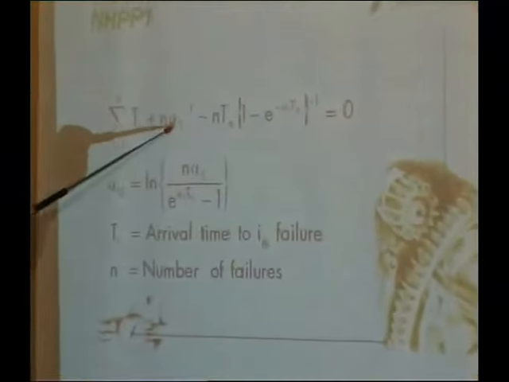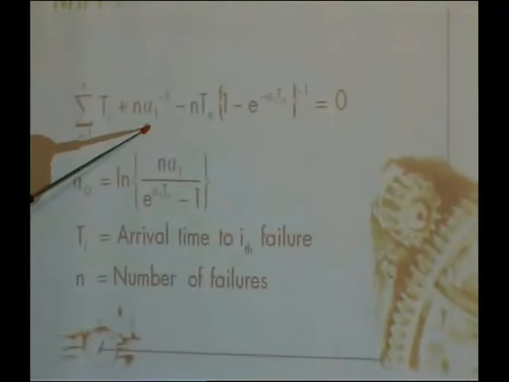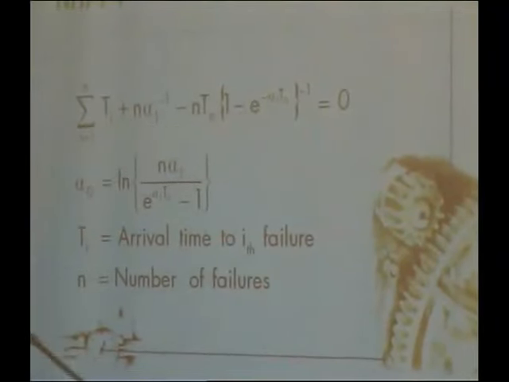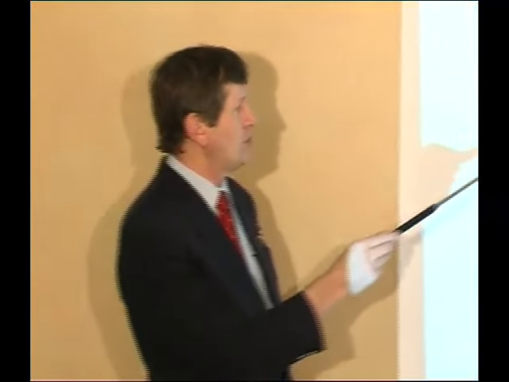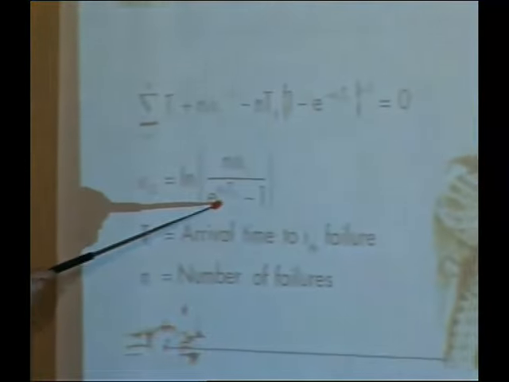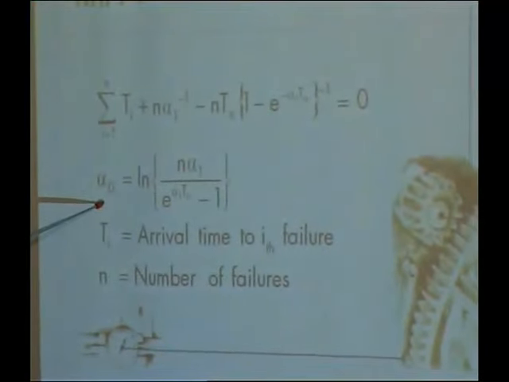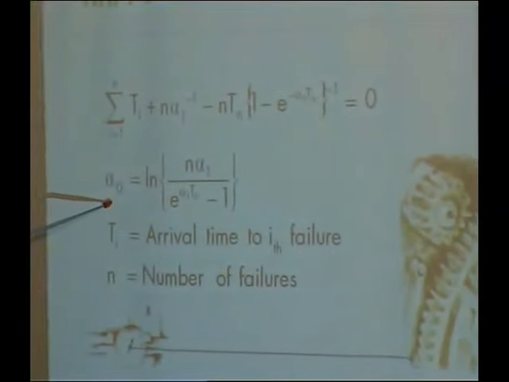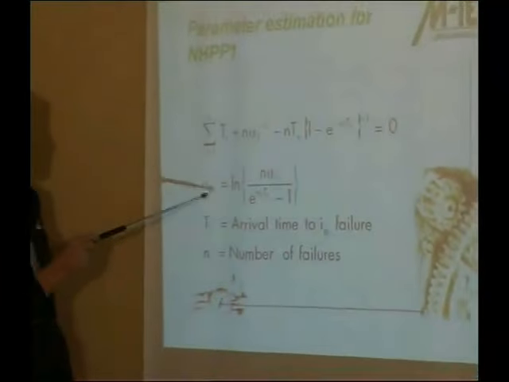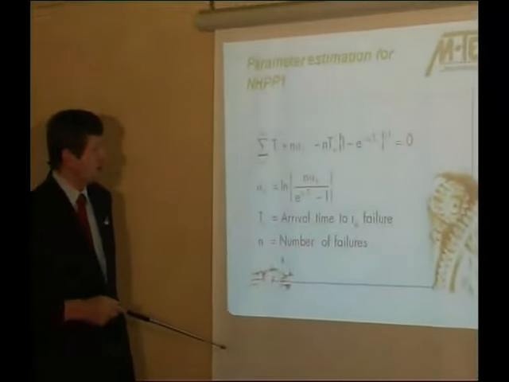One has to find the value of alpha 1 that would make the left-hand side of this equation very near to 0. It will never become exactly 0, it will just get as near to 0 as you can get. And the moment that you have alpha 1, you just substitute that in the bottom equation and you calculate alpha 0 directly. So that's for the first form of the NHPP function.